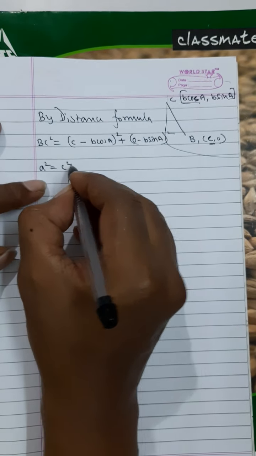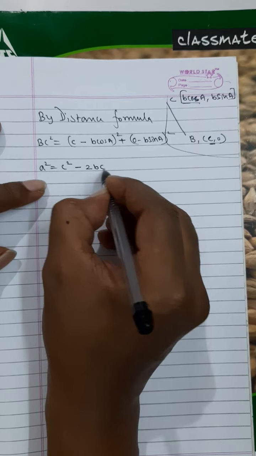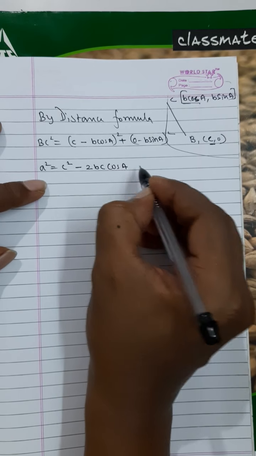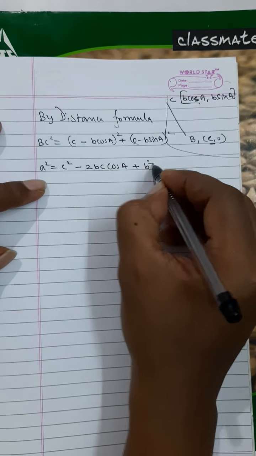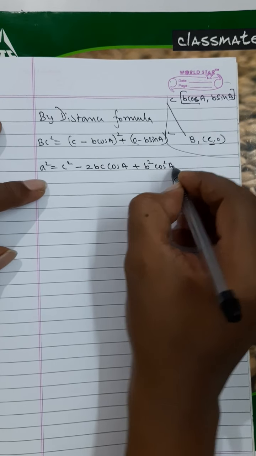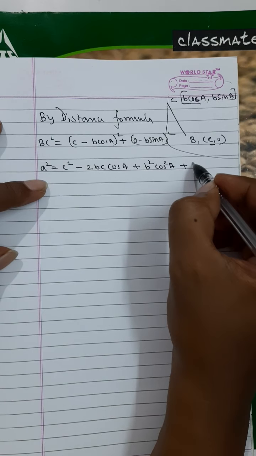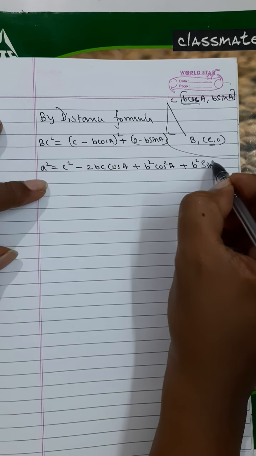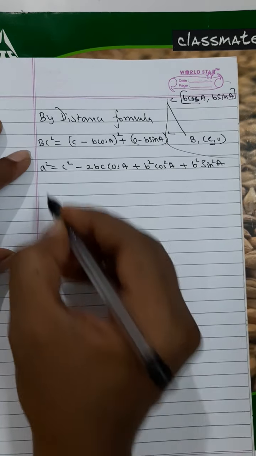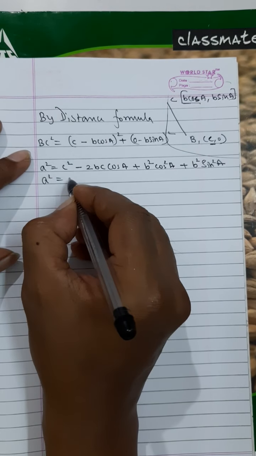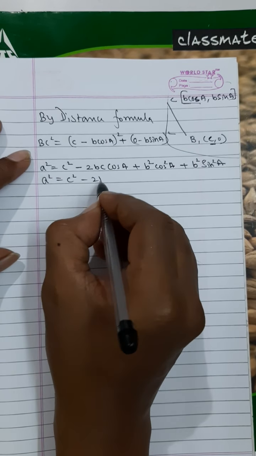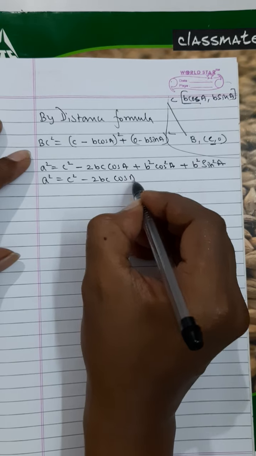If I open the bracket, c square minus 2bc cos A plus b square cos square A plus, now this will be minus b sin A the whole square, that will become plus b square sin square A.